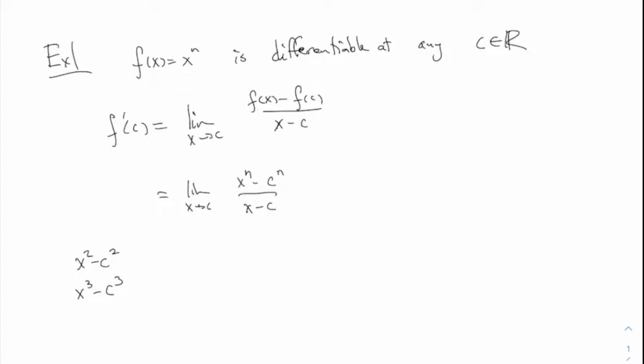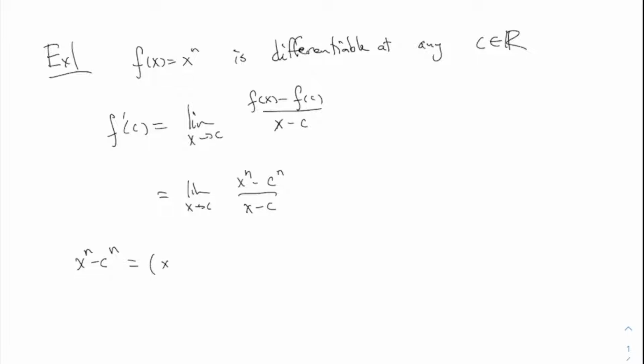In general, there is a formula for x to the n minus c to the n. Would you mind if I just tell you? You could look this up somewhere if you like. Anyone actually know this formula? It works regardless of what n is.